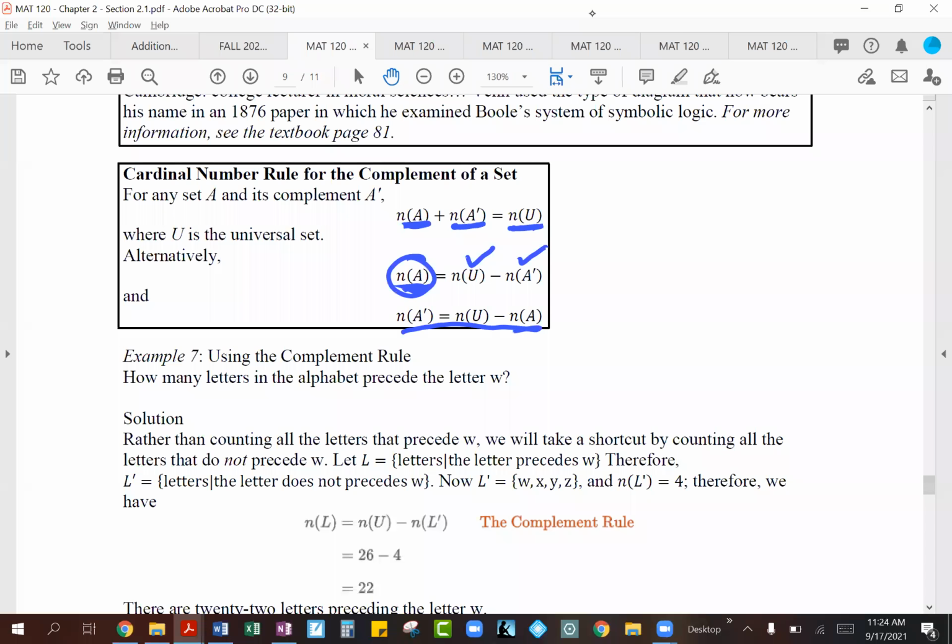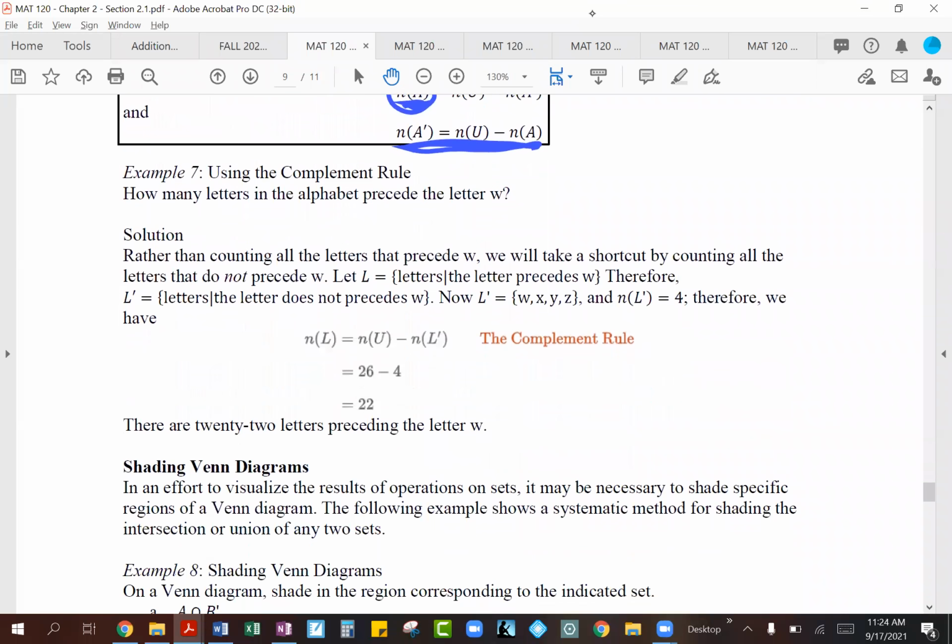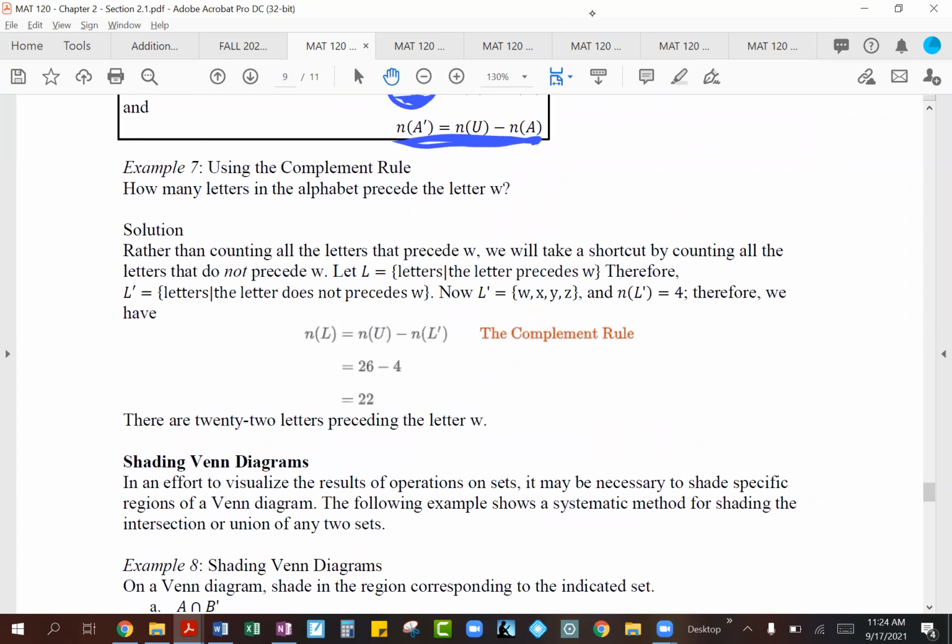And of course you can reverse that between the cardinal and the original set itself. So just kind of showing you how these two sets are connected with each other. And you've got an example over here that you can look through.